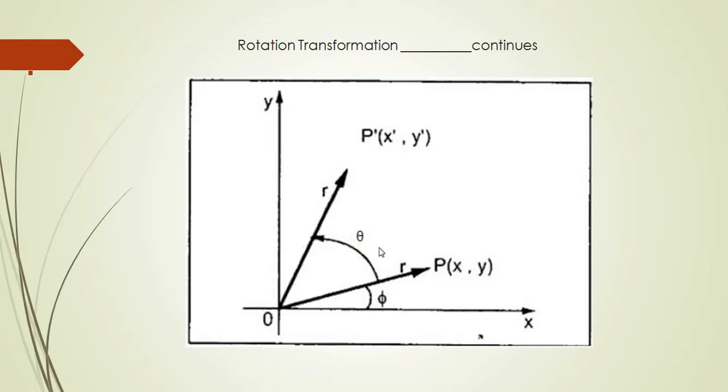Here is the original point P, and we rotate this point by the angle theta and get the new point P dash, equal to x dash, y dash. The original point has coordinates x and y, and the new point is P dash equal to x dash comma y dash.